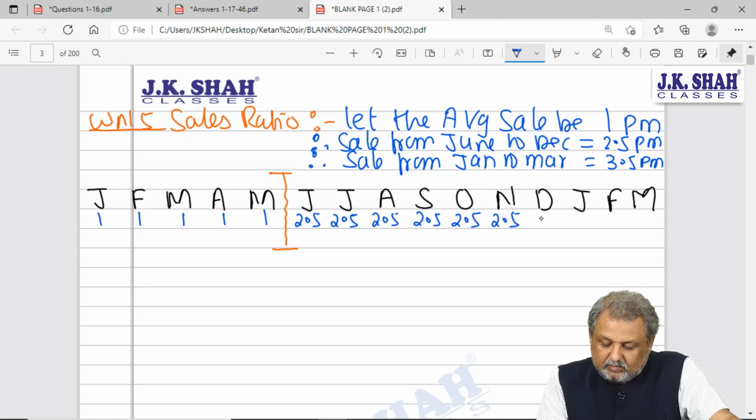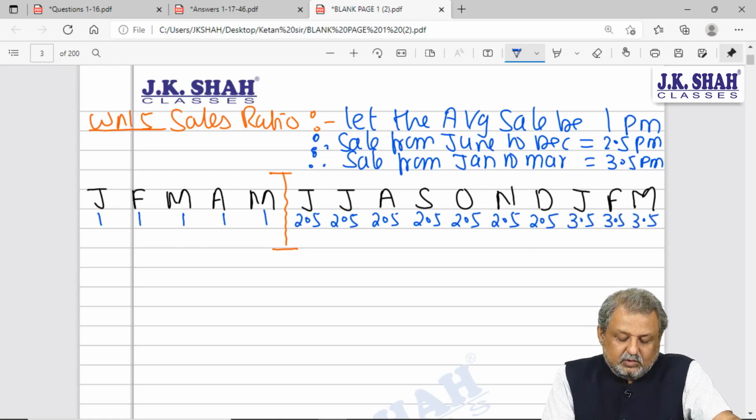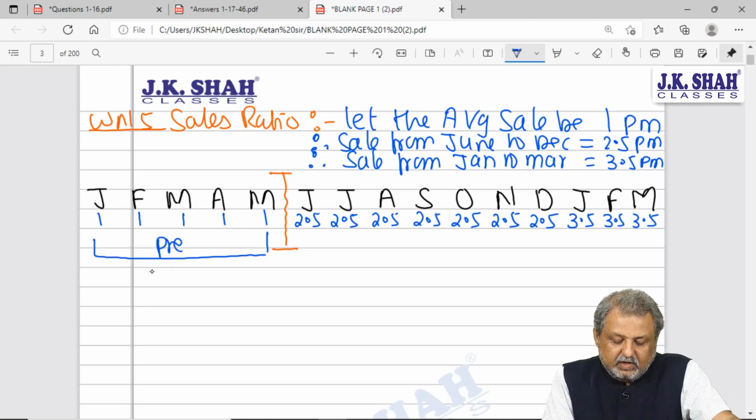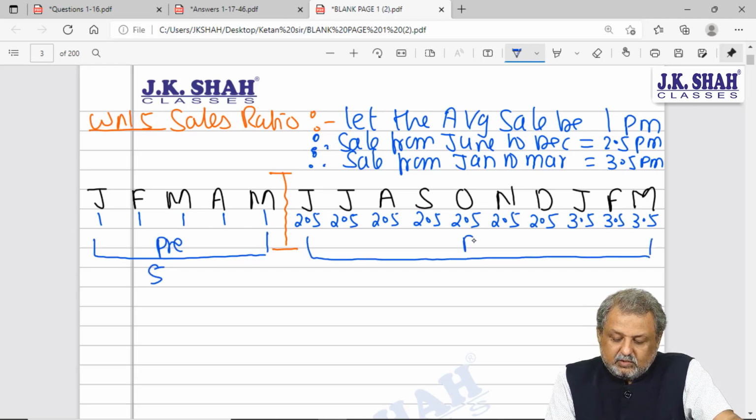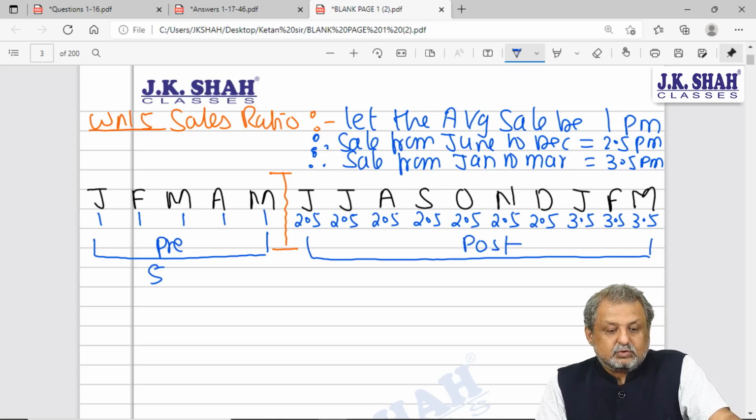Now the common mistake that students make here is they will collect all 1s and all 2.5s. No, you have to do pre-post. 1, 2, 3, 4, 5 is pre. What is the total of post?